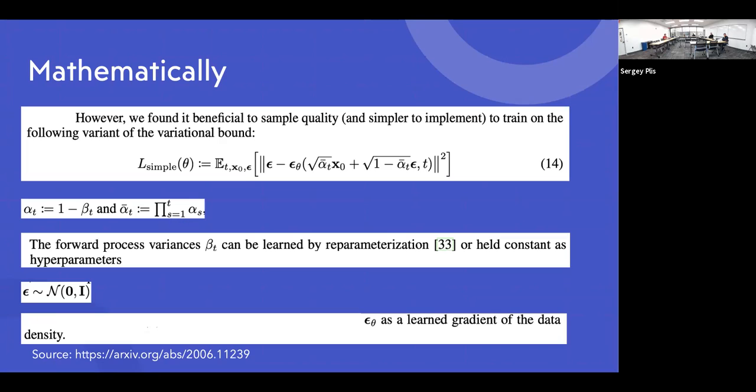So this part of the equation will be xt, the noise added to x0 in closed form, because we can calculate it in closed form, which is like this.